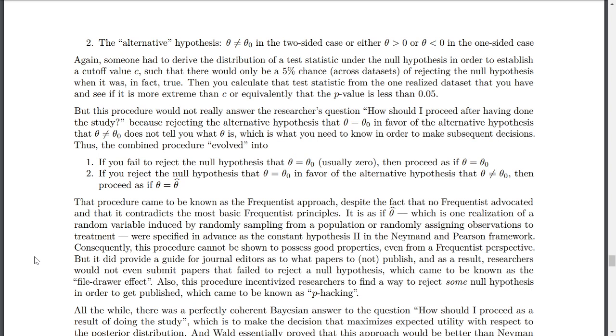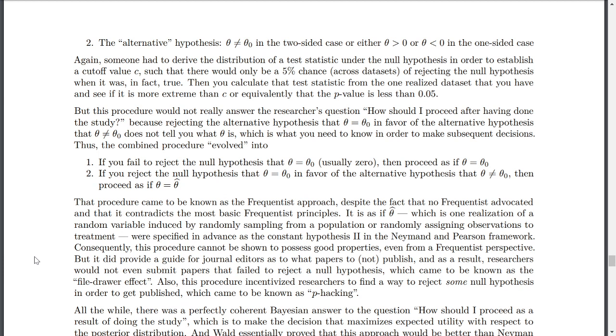So Fisher didn't advocate this, Neyman didn't advocate this, neither of the Pearsons advocated this. No frequentist could advocate this, because it's in direct violation of frequentist principles: theta hat is the realization of a random variable, and you're proceeding as if you specified it in advance as a hypothesis, as in the Neyman and Pearson framework.